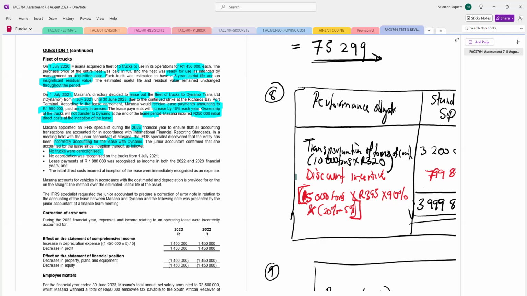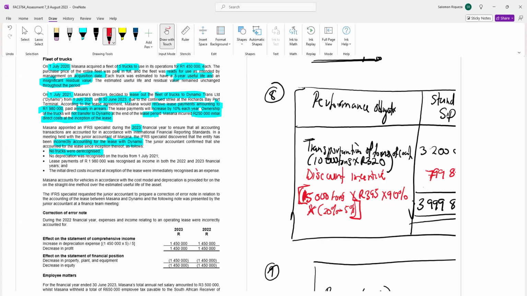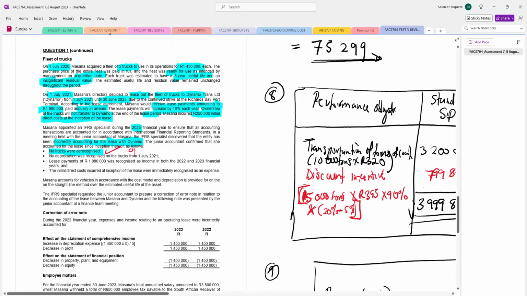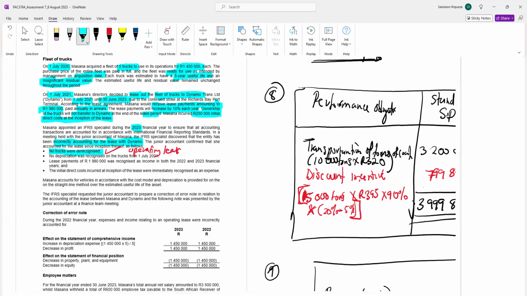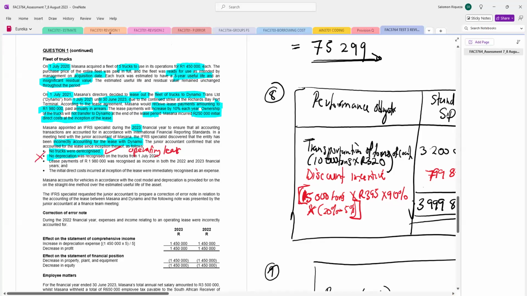All right, so no trucks were derecognized. This is correct because it is an operating lease. Right, then we continue. No depreciation was recognized on the truck. This is wrong. In an operating lease, we continue recognizing the asset, so we must account for depreciation.